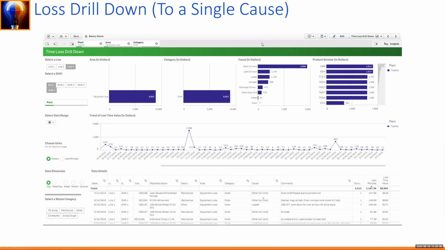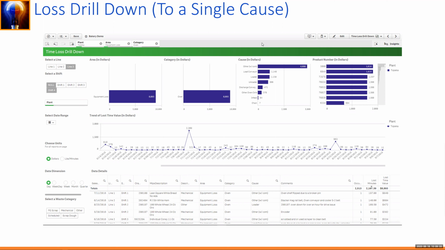And what we could see was that we were losing massive amounts of time due to these oven shelves flipping due to broken pins. And what we saw here is that on a normal basis, we didn't lose much time each day to the oven failing. But when we had a failure, it brought us down for a very long time.